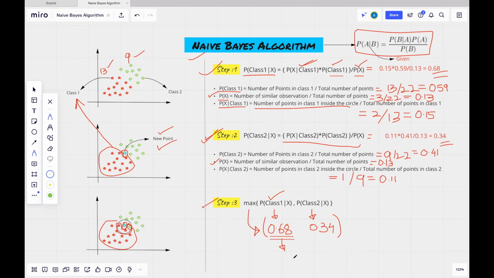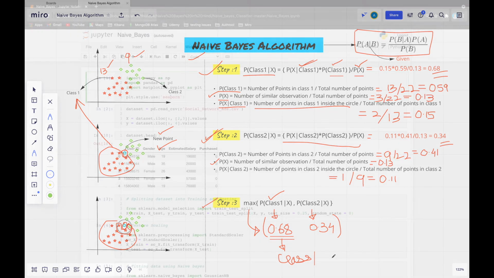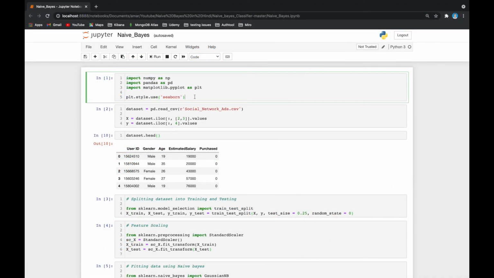Now we will see the practical implementation of this algorithm. Okay, let's get started with that. Here I've imported all the libraries, and then using pandas read_csv I've loaded our dataset. This is the social networking ads CSV file.